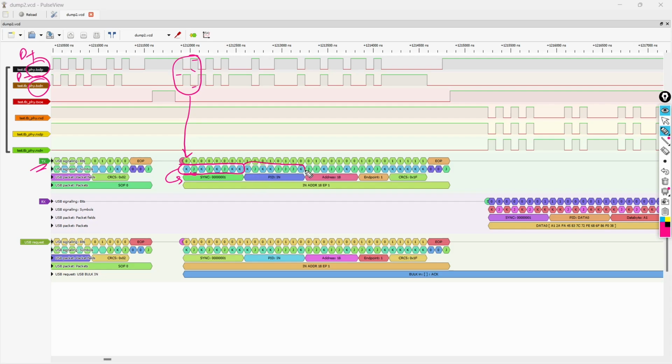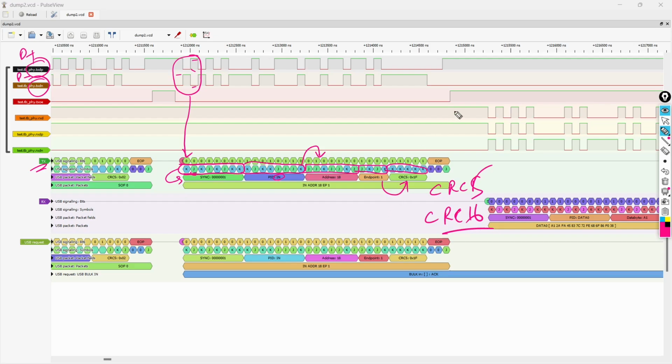The next set of 8 bits is my PID. The PID will decide what the next set of bits is. Since this is a token PID, the token will be followed by address, then endpoint, and then CRC5. We'll do CRC5 on a piece of paper, how to calculate CRC5 for USB, and how to calculate CRC16 for USB.